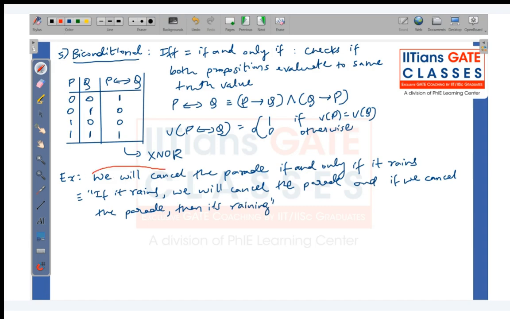This initial part, cancelling the parade, I can take as P. Raining, I can take as Q. What is this one saying? Q implies P, or P implies Q. An important point that I wanted to make here is that it doesn't imply causation.